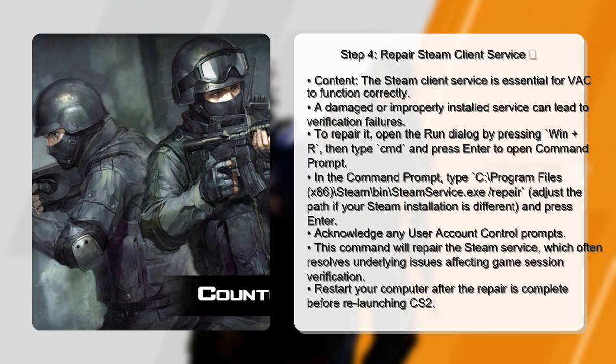In the command prompt, type the path to Program Files, Steam, bin, SteamService.exe with the /repair option, adjusting the path if your Steam installation is different, and press Enter. Acknowledge any User Account Control prompts. This command will repair the Steam service, which often resolves underlying issues affecting game session verification. Restart your computer after the repair is complete before relaunching.